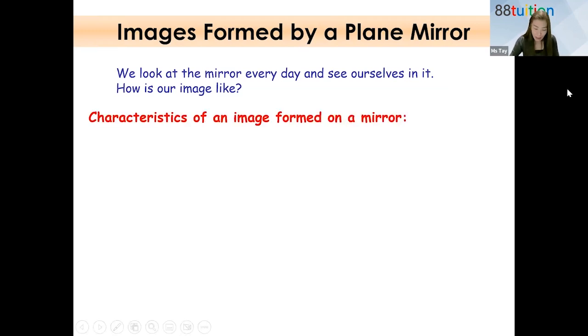Okay, so how do we see ourselves in the mirror? We are talking about a standard plane mirror. Okay, so the image is going to be upright. We don't see ourselves upside down. Okay, we are the same size. I know nowadays we have mirrors that cause people to look slimmer, right? So models, celebrities, they like to buy this kind of mirror.